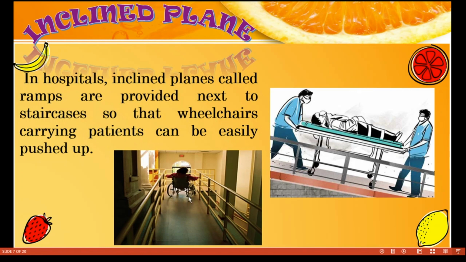Why? Because some of the patients cannot walk or step up the staircases, so they use wheelchairs. In those situations, the inclined planes, which are also called ramps, are very useful for the patients.